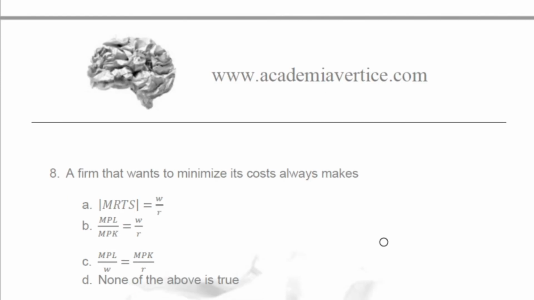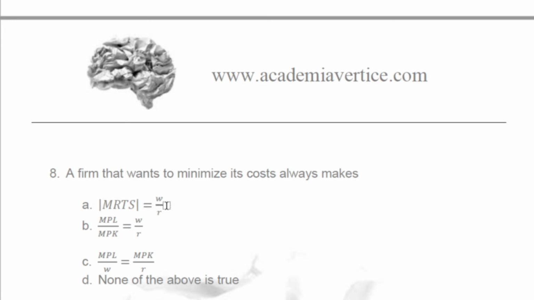A firm that wants to minimize its costs always makes, well, be careful with this question, always makes this MRTS equal to the price ratio, wage divided by rate. No, maybe it wanted to, but we know that sometimes this is not verified.